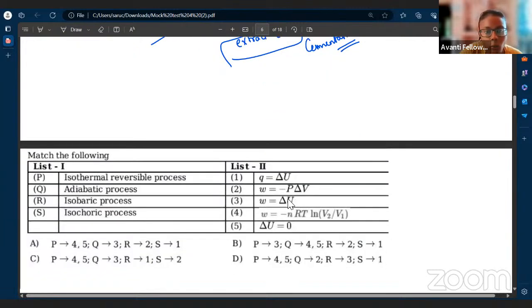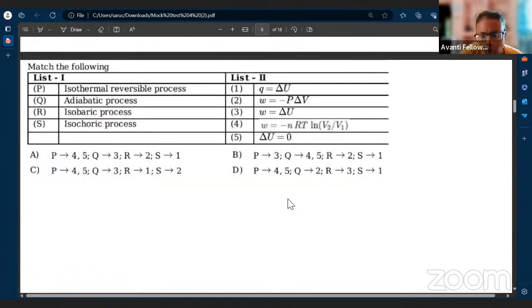Moving to the next question. Look over this question. You have to match the process with the equations. The processes given are adiabatic, isothermal and so on, and you are going to match them with the equations.